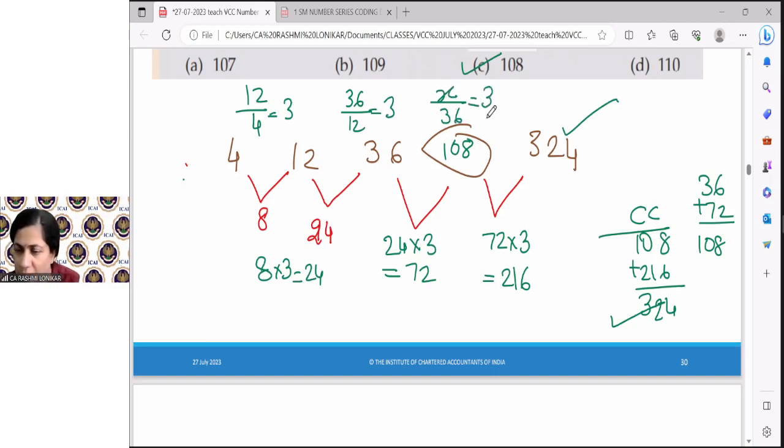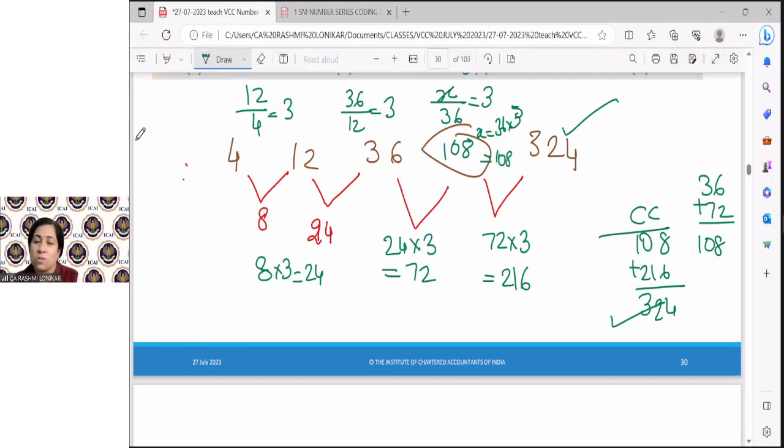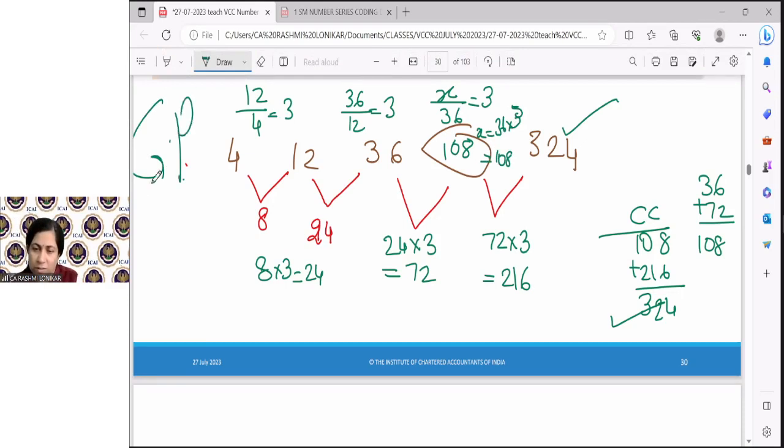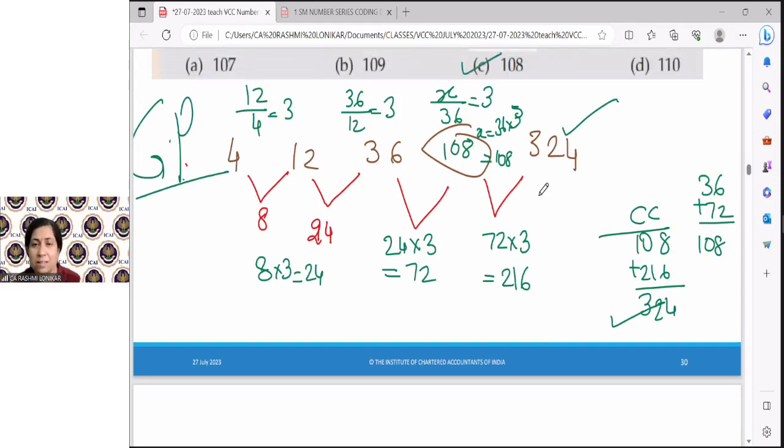So x will be 36 into 3, which is equal to 108. Whichever method you are comfortable with. So you have to identify this is a GP. Okay. If not, this is also one method. There are n number of ways in which you can calculate this.